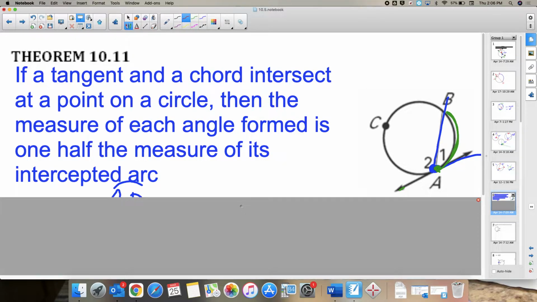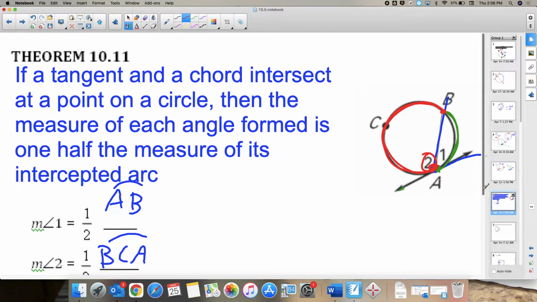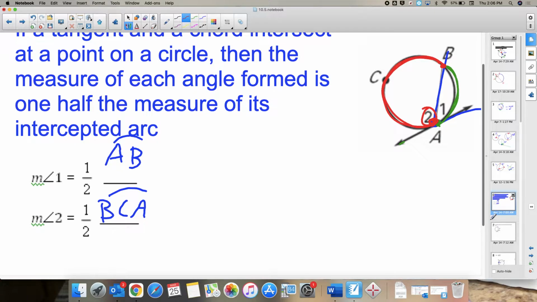I could look at angle 2 over here. Angle 2 makes my arc ACB. So angle 2 will be half of that arc. So really there are two separate ones you could look at, but they're both the same relationship as we've gone over earlier. Intersection on your circle, half as big as the arc that it makes.